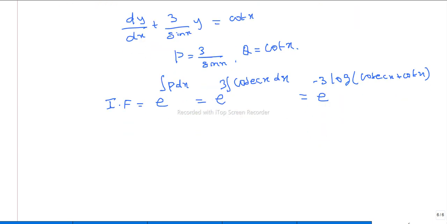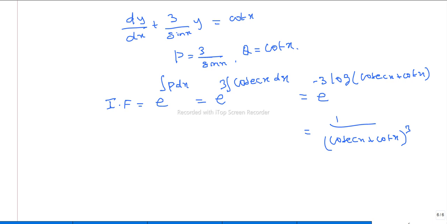So if you cancel the log and e, we have 1 by cosecant x plus cot x whole cube. Cosecant x is 1 by sine, cot is cos by sine.